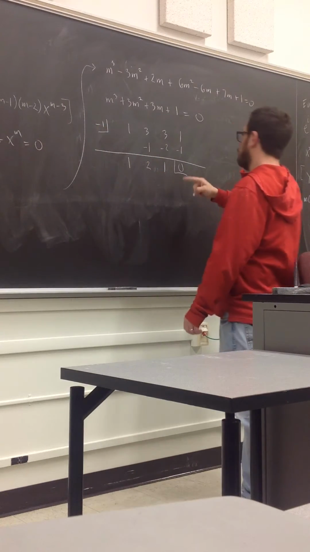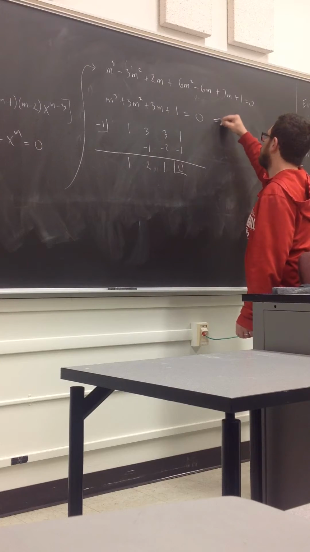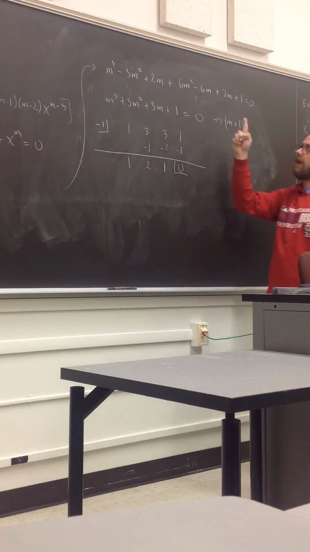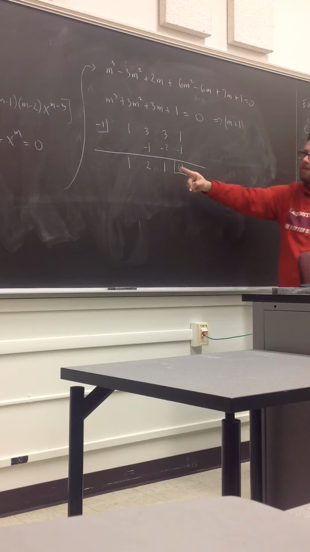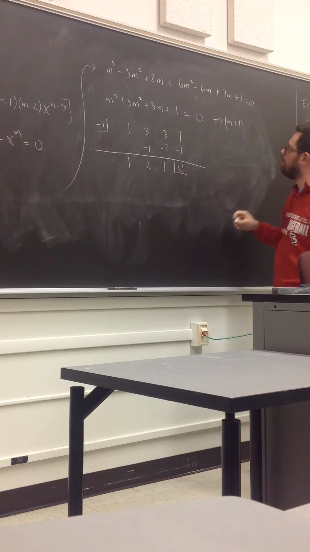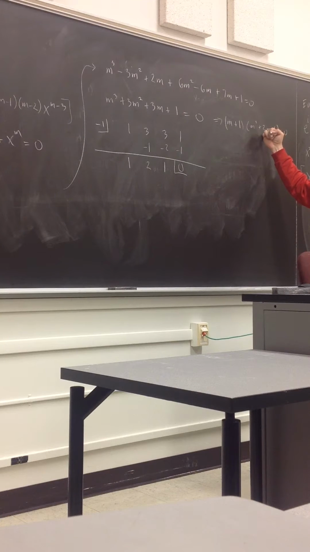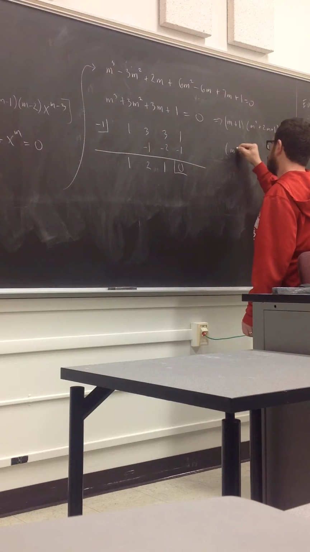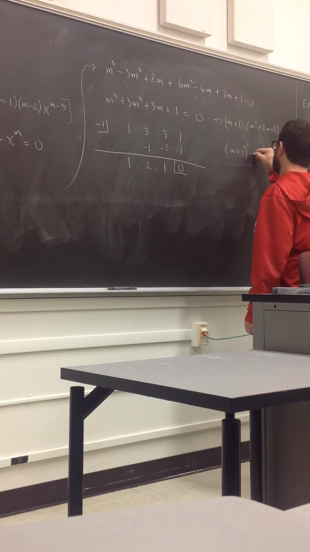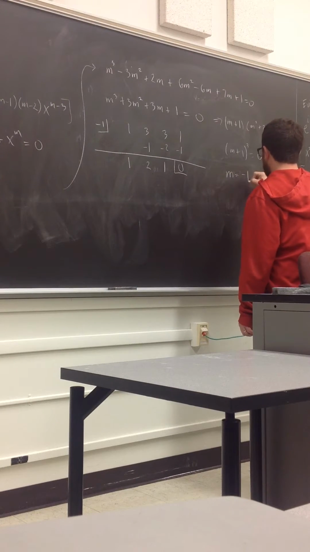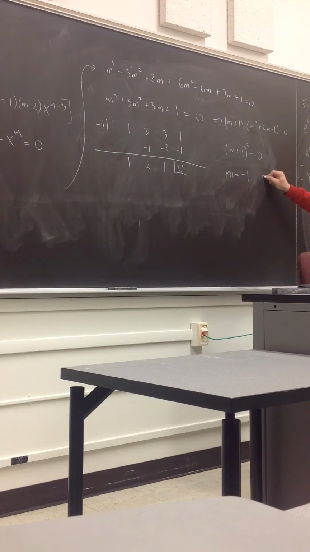So since -1 is a root, m plus 1 is a factor, and the other factor is m squared plus 2m plus 1. This factor is m plus 1 times m plus 1. So that means that we have only one solution, m equals -1, with multiplicity 3.